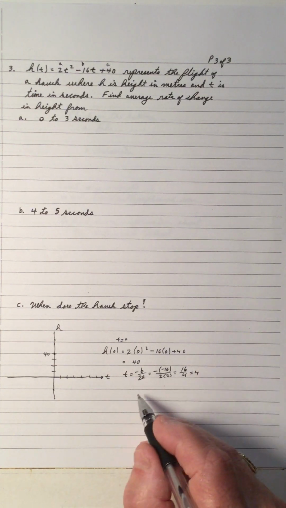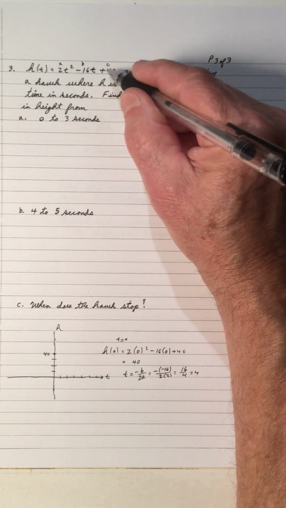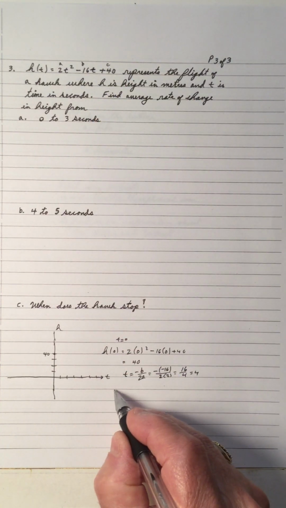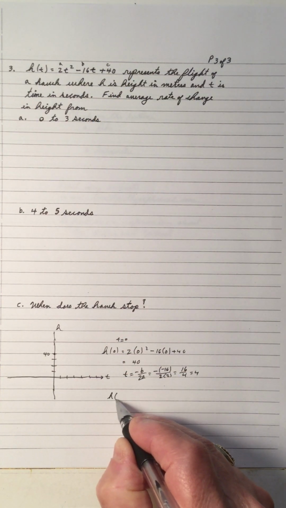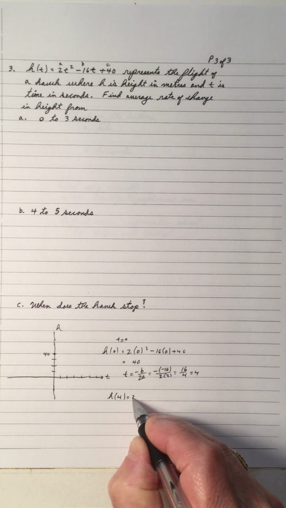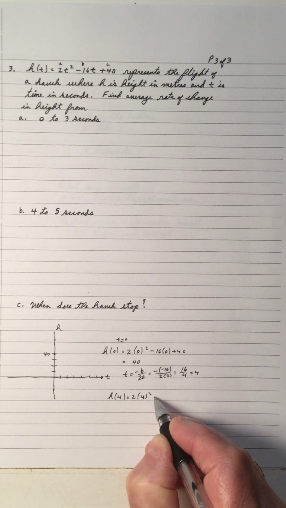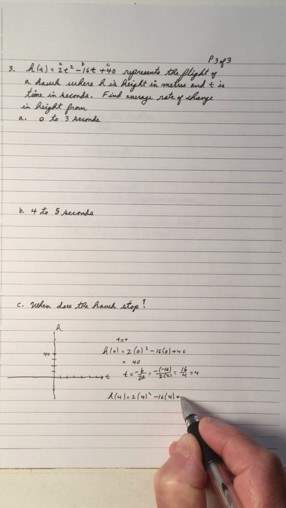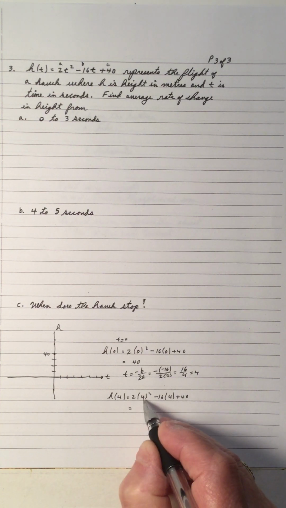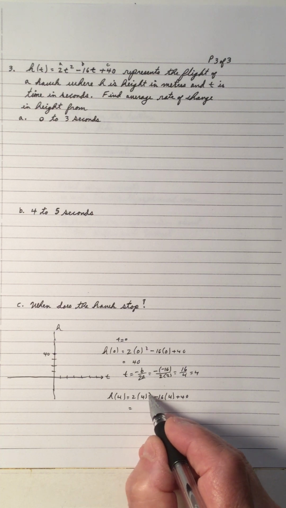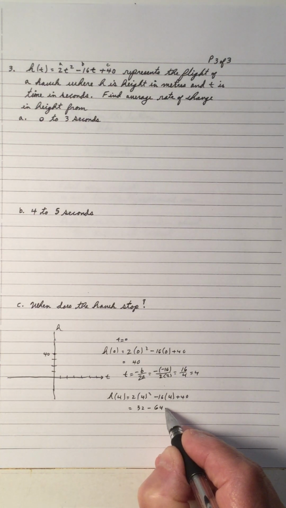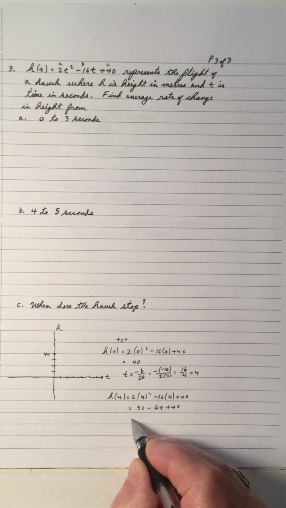If we take the 4 and plug it back in, we get h of 4 equals 2 times 4 squared minus 16 times 4 plus 40. 4 squared is 16, times 2 is 32, minus 64 plus 40.